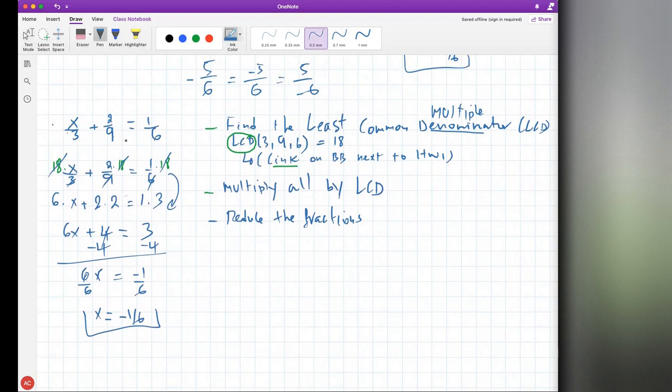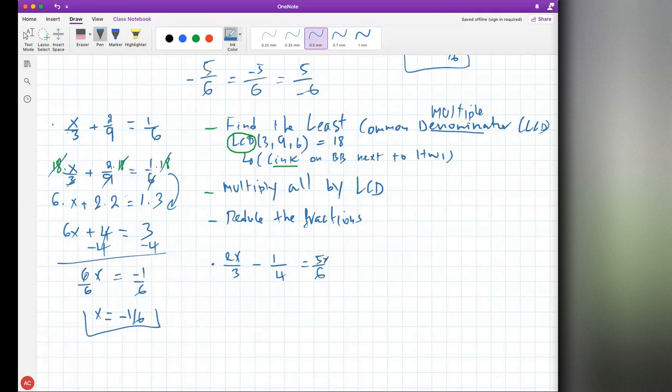Let me give you another one like this one. We're going to repeat almost the exact same steps. Check this out, everybody. Let's say we have 2x over 3 minus 1/4, and on the other side 5/6.